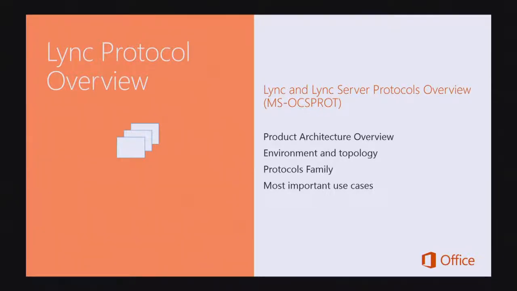The tools I have already introduced to you. Then come the Lync protocol families, and then the most important part, the user scenarios, showing how those protocols work together. I will introduce the protocol family and one typical user scenario to show that.